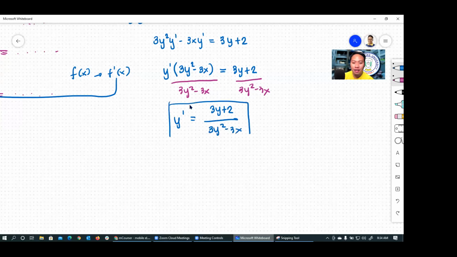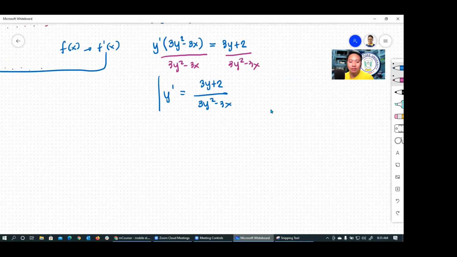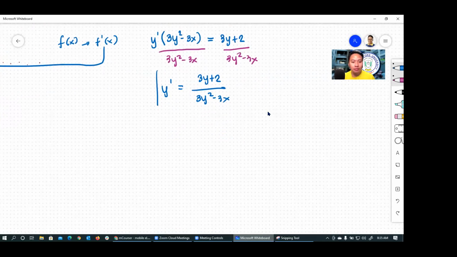There you go. Remember that this y prime is the same thing as f prime of x. So that's 3y plus 2 over 3y squared minus 3x, and that's your answer.